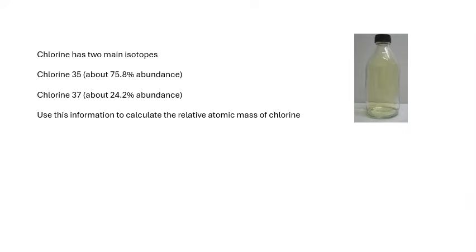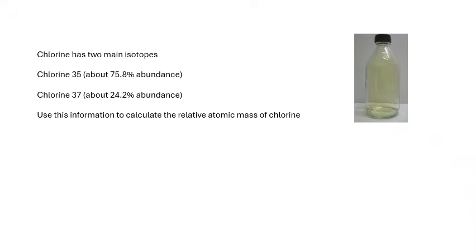Here's one for you to have a go at. This is a calculation that you have to be able to do. Okay, it's getting a bit mathematical now, but tough, you need to be able to do it. Chlorine has got two main isotopes. There's chlorine-35 and chlorine-37. Yeah, these are the mass numbers of the different isotopes, by the way.